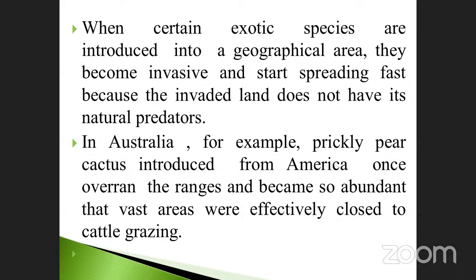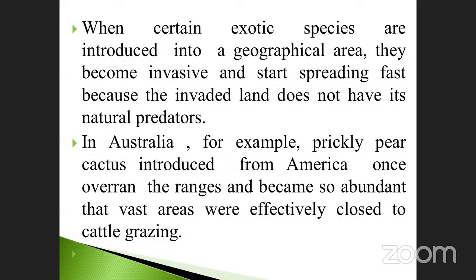In Australia, for example, the prickly pear cactus was introduced from America. It once overran the range and became so abundant that vast areas were effectively closed to cattle grazing. This is an example.